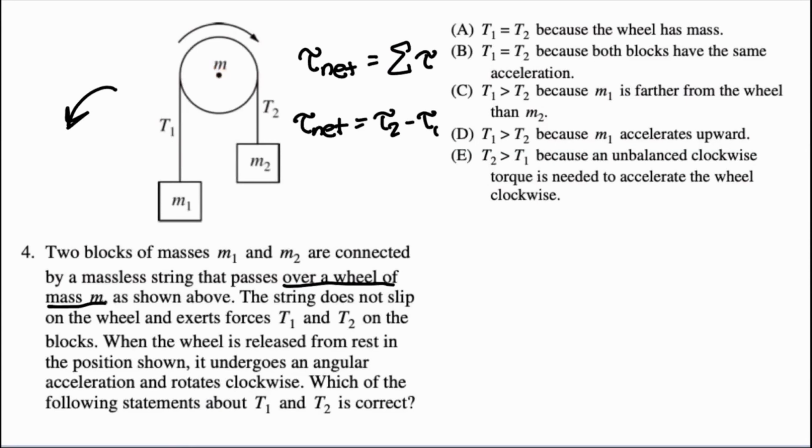And if we know that the torque formula is F cross R, if R is the same, then the force has to be different, meaning that T2 has to be greater than T1. And from the looks of our multiple choice, that aligns with answer choice E. It says that T2 is greater than T1 because an unbalanced clockwise torque is needed to accelerate the wheel clockwise, and that's exactly correct.